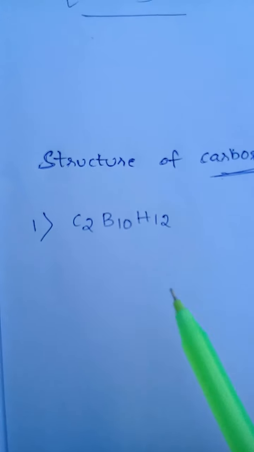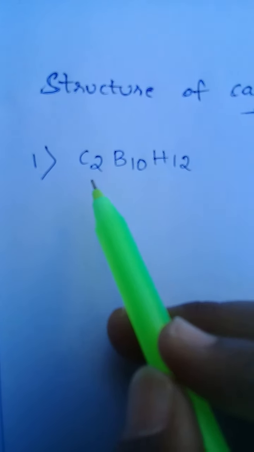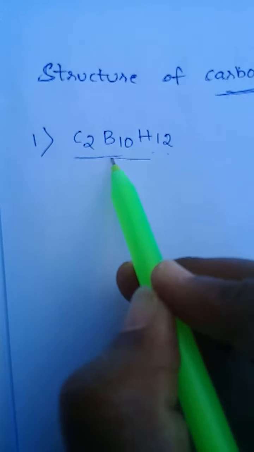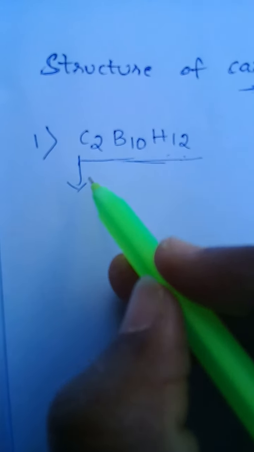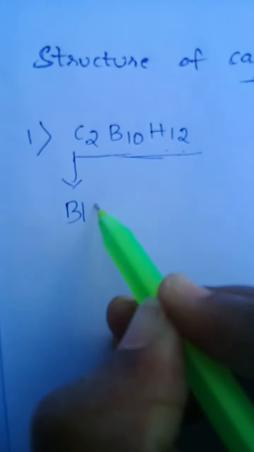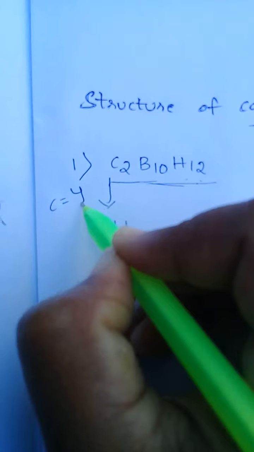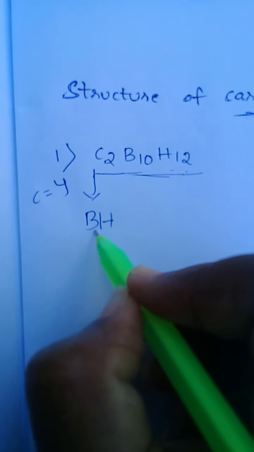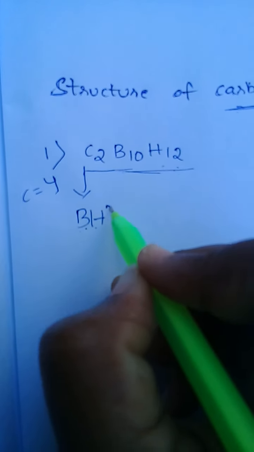Next we see some examples. For C2B10H12, the example is C2B10H12. Here carbon is replaced by BH. Why? Because carbon valence electrons equal 4. So BH means boron valence electrons 3 and hydrogen valence electron 1, so total 4.